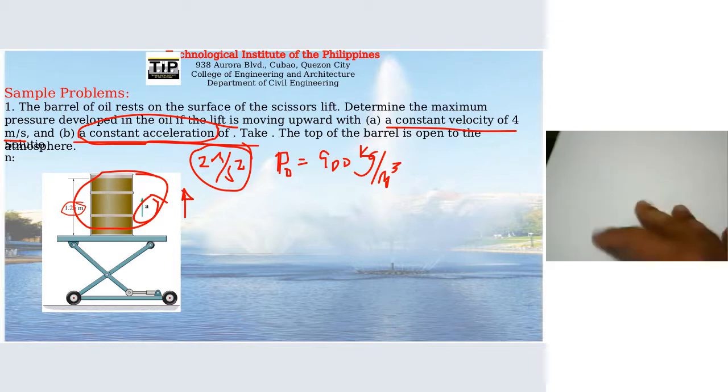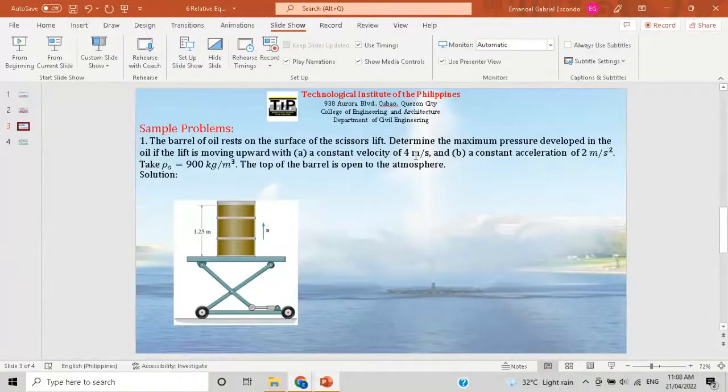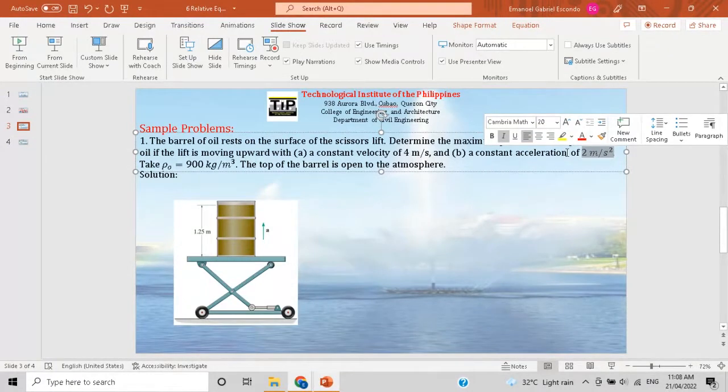Okay. So let's continue. Ayan, tanong si Mr. Patrick. Sir, saan po ulit nakuha yung 2 meter per second squared? Given po siya dito sa problem. So hindi lang nag-appear sa canvas sa BBB, pero ito po siya.